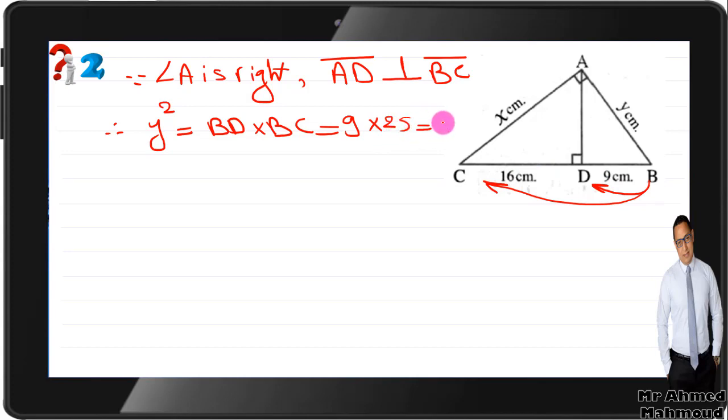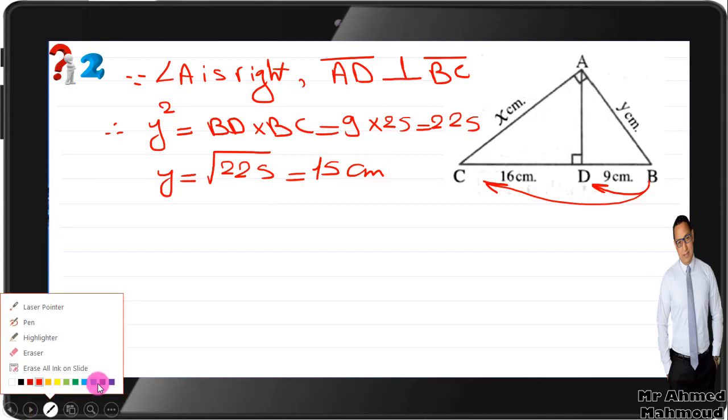This equals 9 times 25, which equals 225. So y equals square root of 225, equals 15 centimeters. Okay, now to find x.